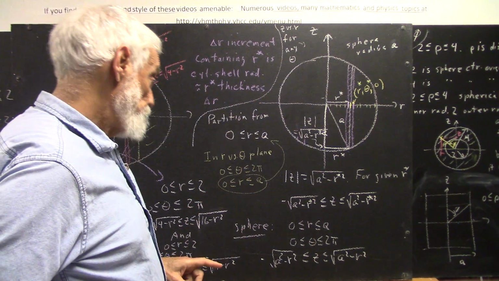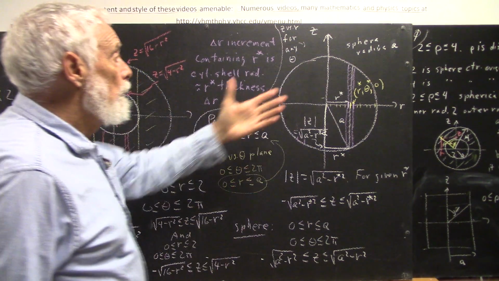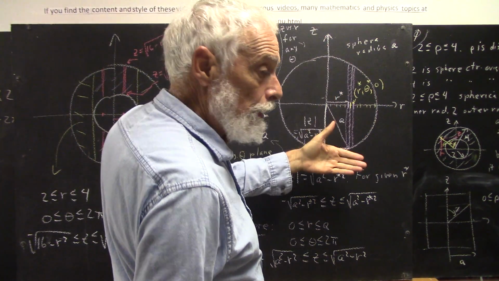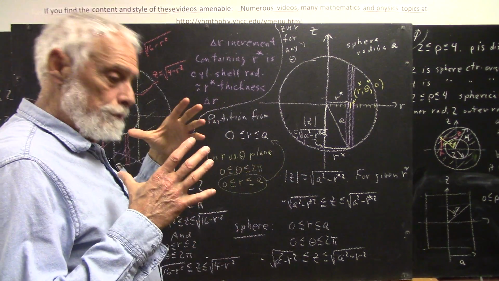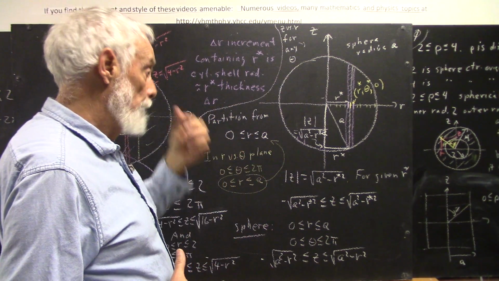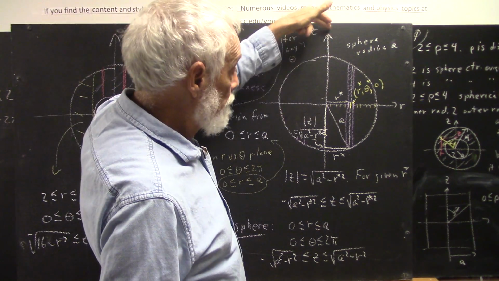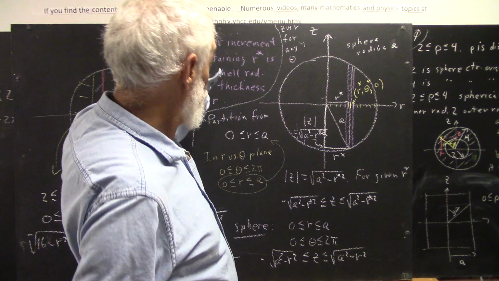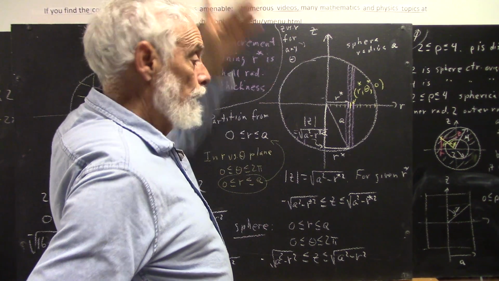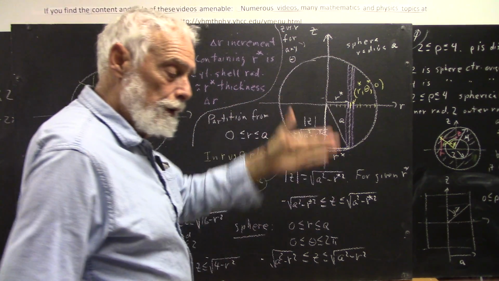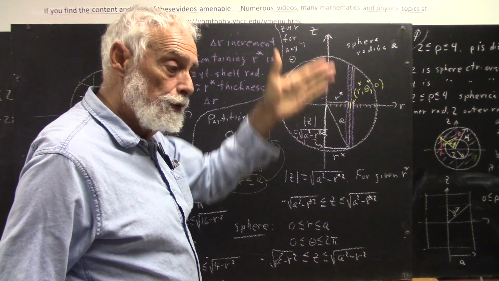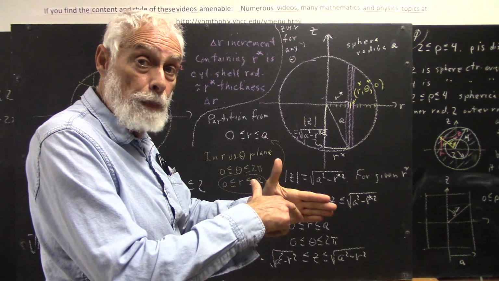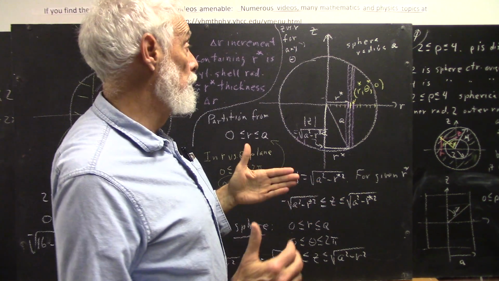Right here is a picture of the intersection of that sphere, the sphere of radius A centered at the origin, with any plane that includes the z-axis. This plane is going to make some angle theta with the positive x-axis, measured in the counterclockwise direction.